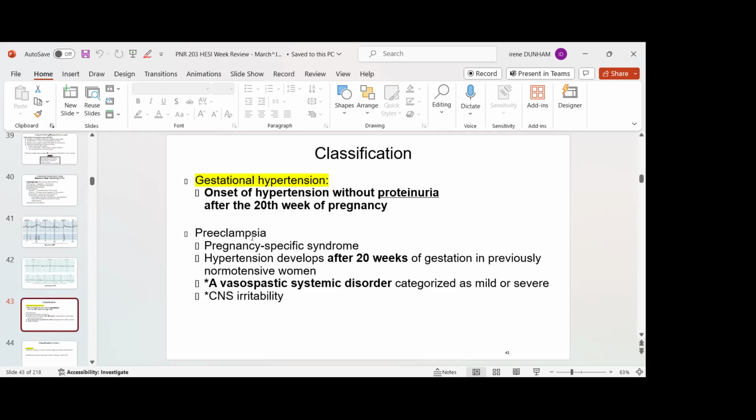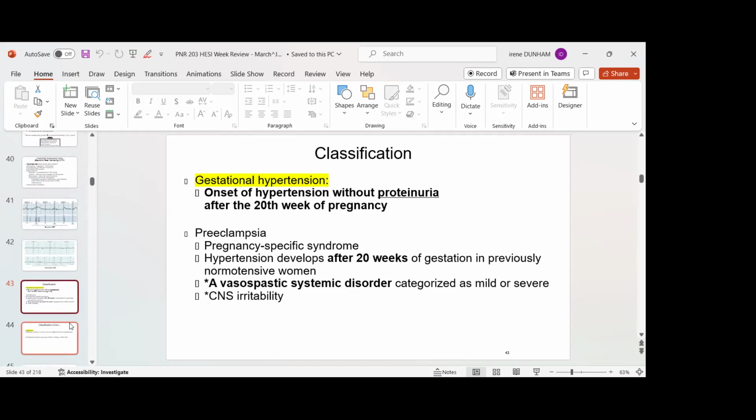That's because they have vasospasming of your system. And so those spiral arteries start to get real spiral looking, and they have irritability. And then you get central nervous system irritability. So that's preeclampsia.